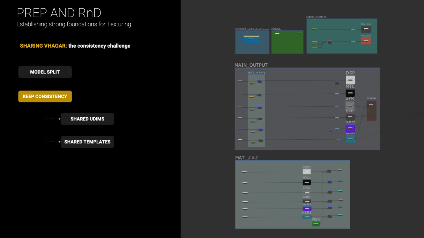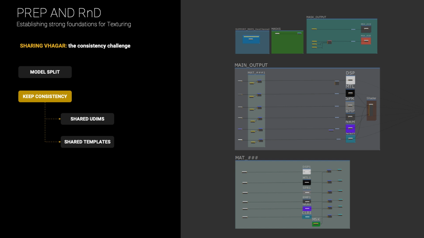And of course, shared templates. That's where Mari really comes in handy, because in Mari you can build node graph setups, gizmos, templates, and you can share them. That was a very big part of it. That was part of the R&D, and this is our standard template that every texture artist uses at the company, but there was more than this.